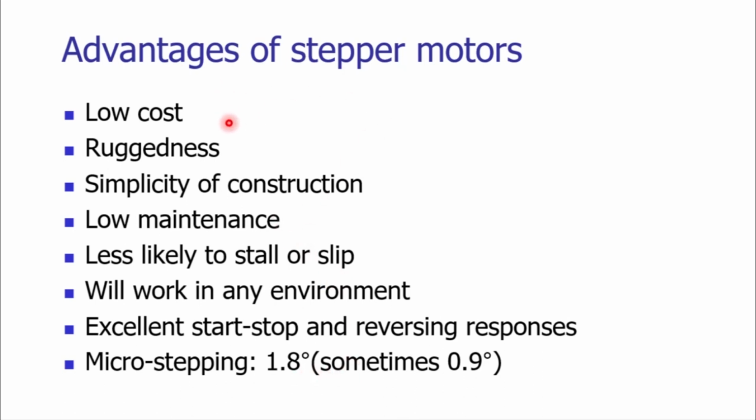The stepper motors have low cost, they are rugged and robust in construction. Some of the stepper motors have simple construction. There is low maintenance because there are no brushed contacts, there is no arcing, or there is no wearing of the rotor or the stator.